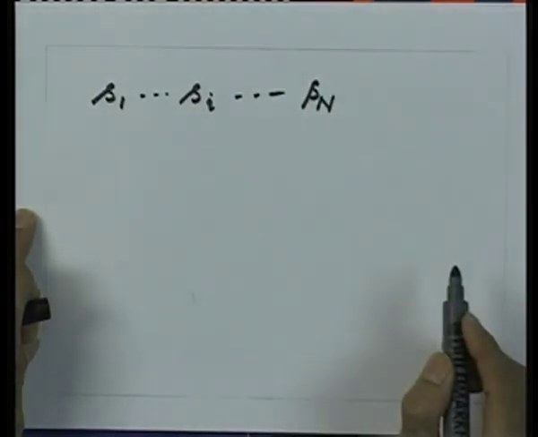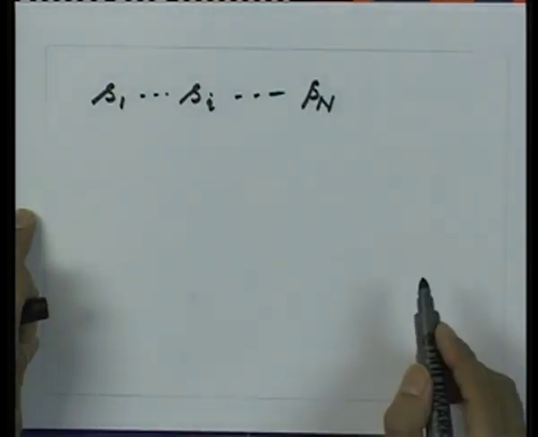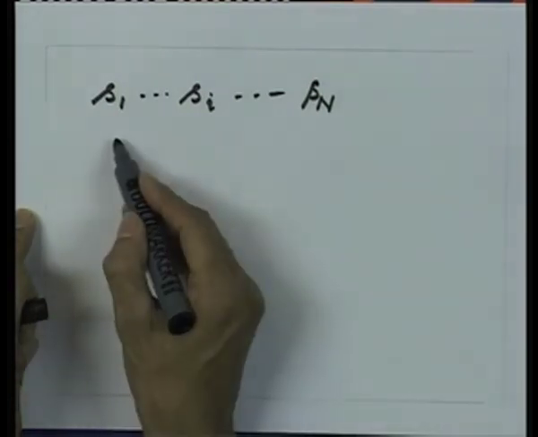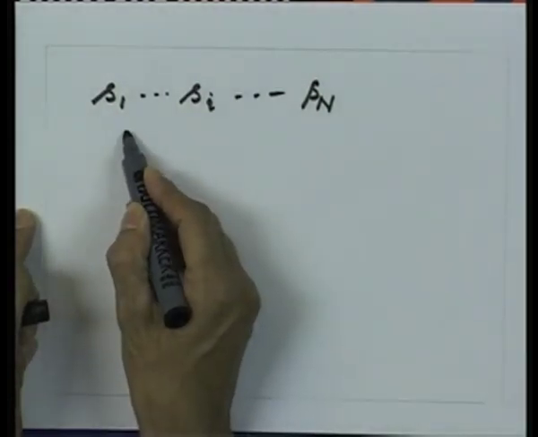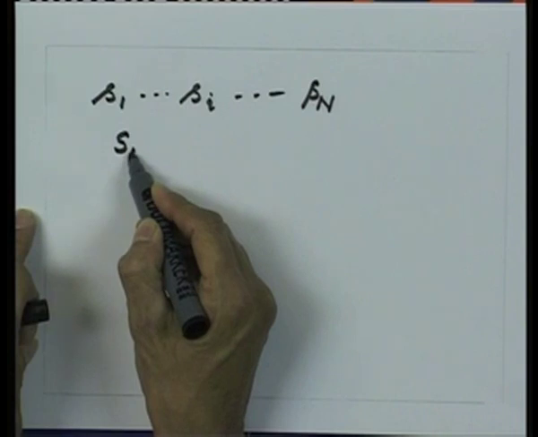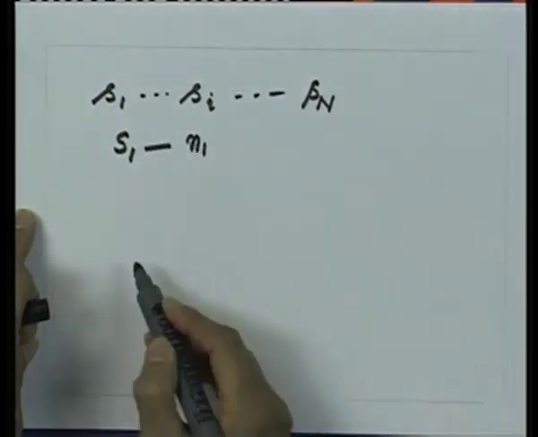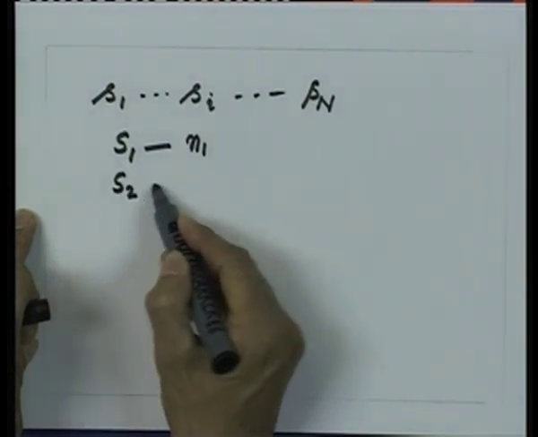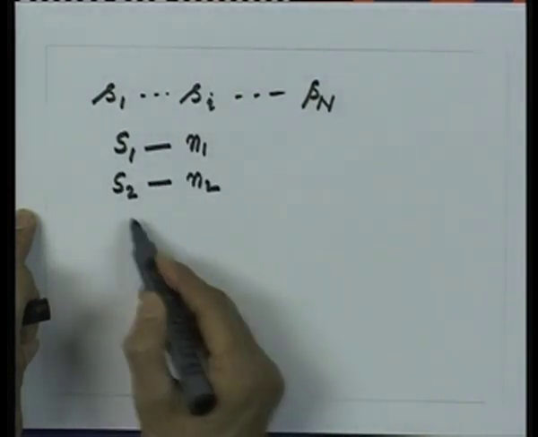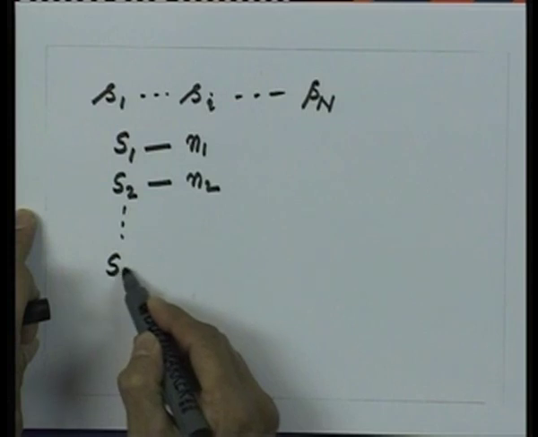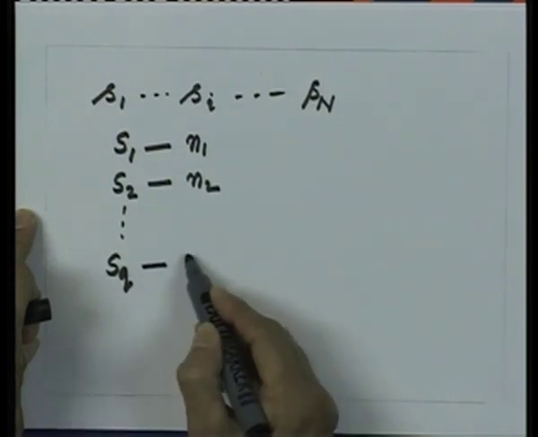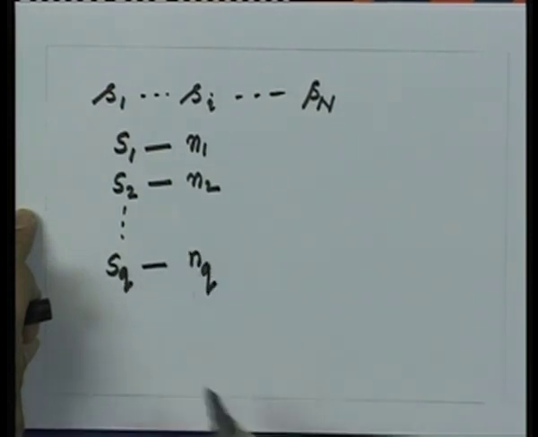N is the length of the string which I get from the source. Let me presume that a particular symbol in the alphabet S1 occurs in this string N1 times, S2 occurs N2 times, and similarly SQ symbol occurs NQ times.